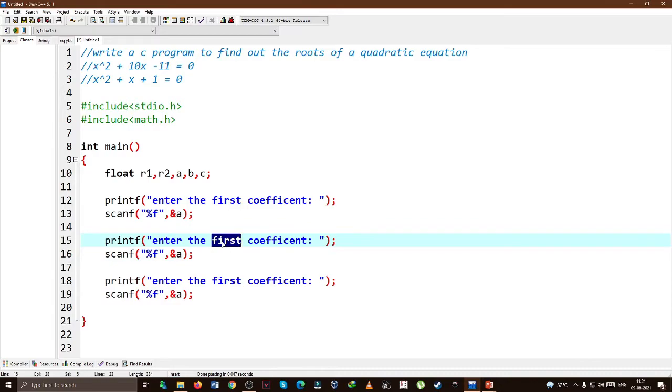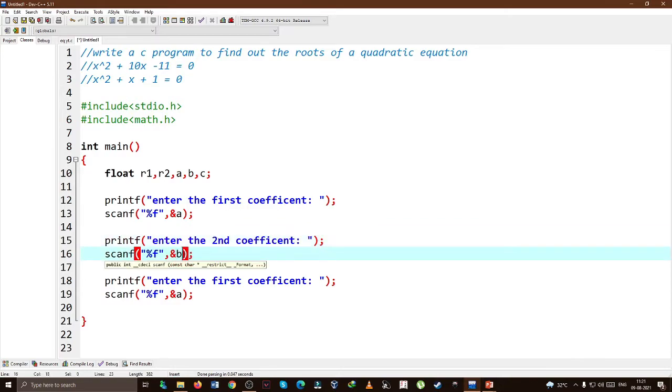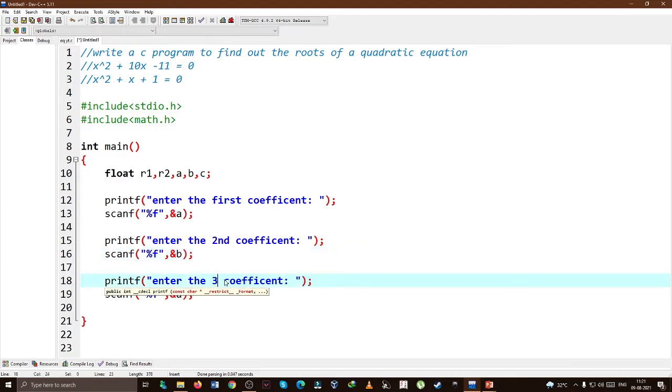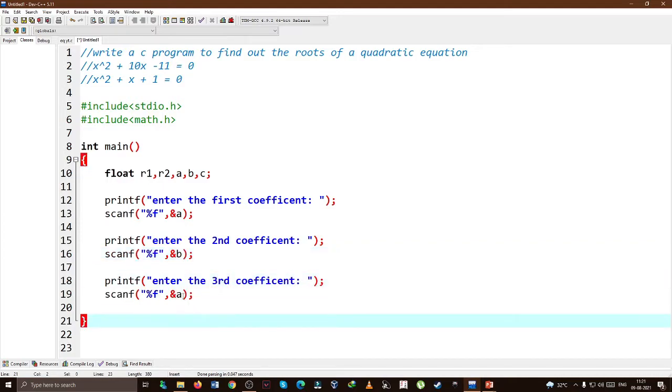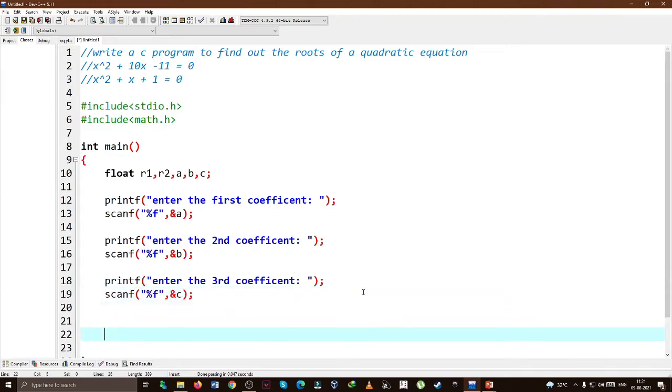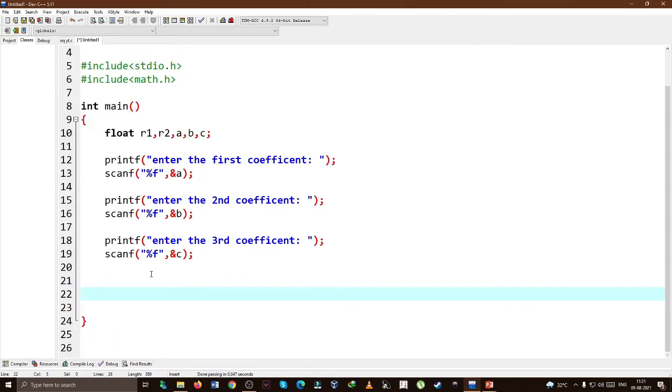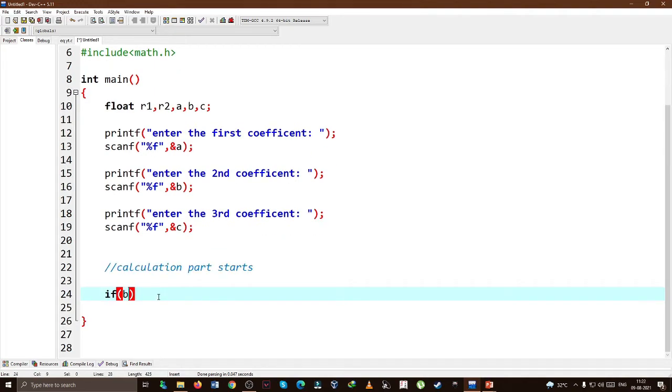So b will be the second coefficient, and for the third coefficient, the input will be scanned into c. So here our input part is complete. Now the calculation part starts.